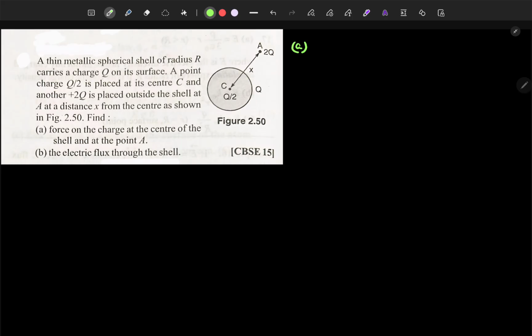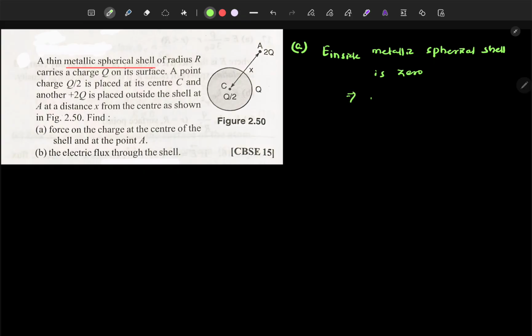Remember, for the first bit, all the Q amount of charge is spread on this surface. It is mentioned that it is a metallic spherical shell, and we know E inside a metallic spherical shell is 0.